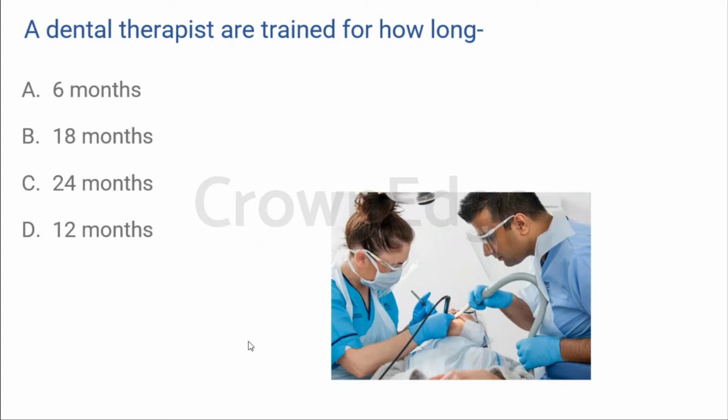Okay, so this brings us to the end of today's session on dental auxiliaries. It's a pretty small and simple topic. Questions that can come are usually direct, and just remember the classification. Remember what makes one particular type of auxiliary stand out from the other. What makes a school dental nurse different?